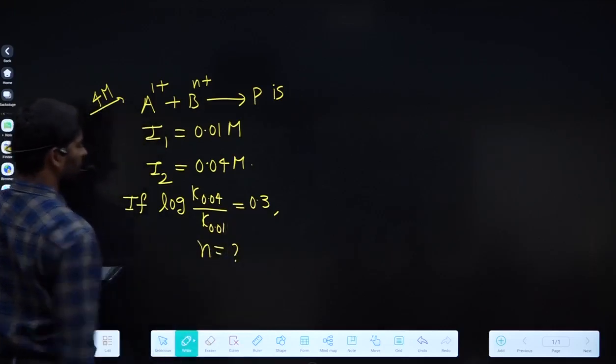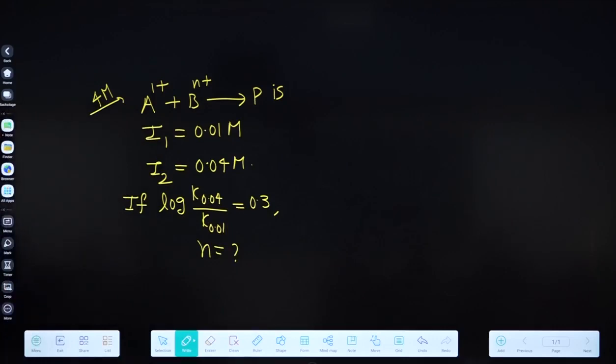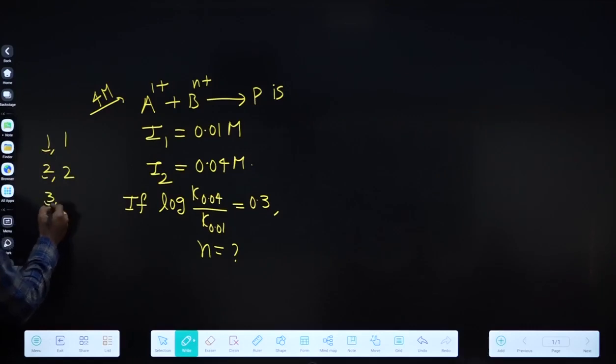The charge on B, that means we have to calculate n. Options given are 1, 2, 3, 6.